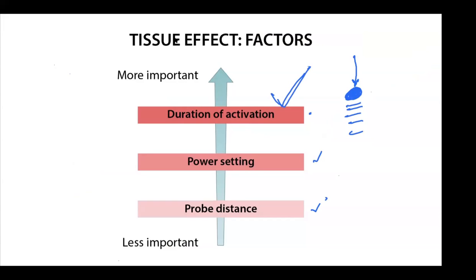The reason I want to stress this one is for the fellows to keep in mind how long you tap on that blue pedal. You need to learn how to gently tap so that you do not increase the duration of activation, so that you just give small amounts of APC.